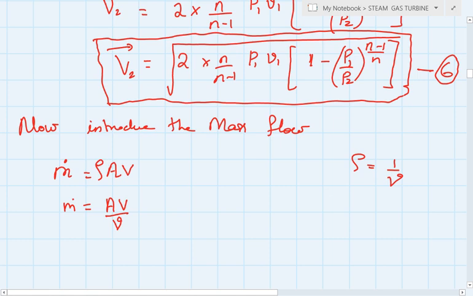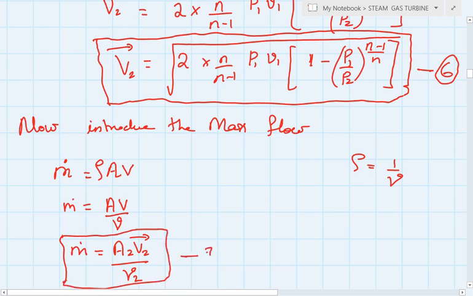We are interested in calculating the exit velocity of the nozzle. So considering the mass flow rate at exit, A2 V2 divided by the specific volume at the exit. Let me consider this as equation number 7.